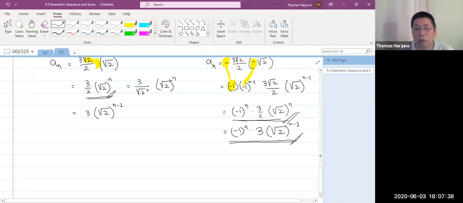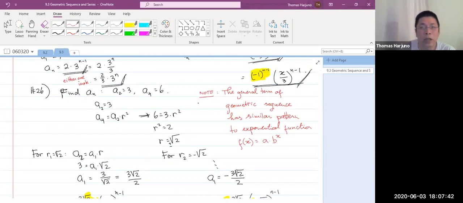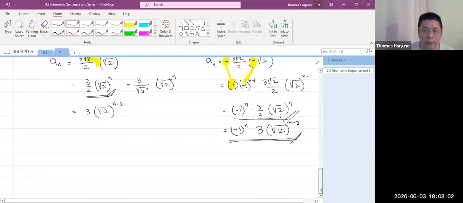Little notes that I write there, I think that's quite useful, is that the general term of a geometric sequence has a similar pattern to an exponential function. Now this is in particular very useful if we are given, let's say, a geometric series.